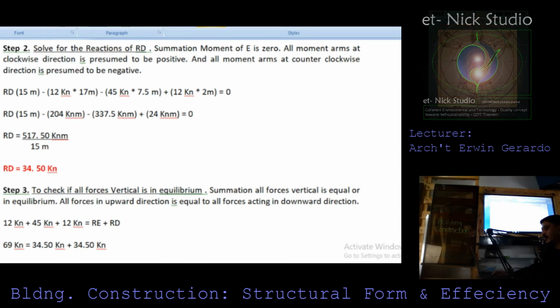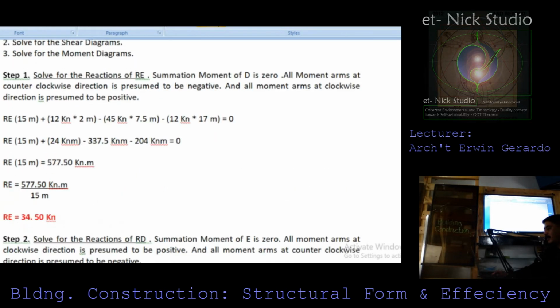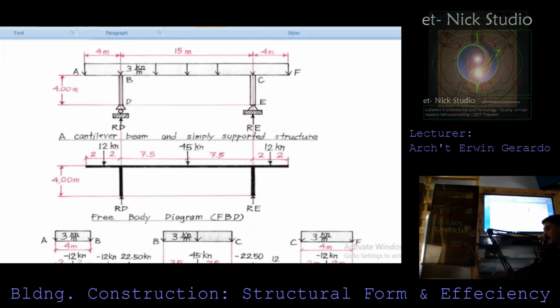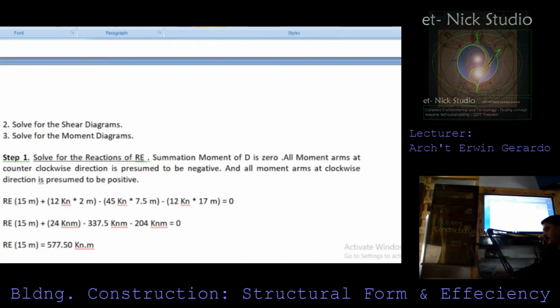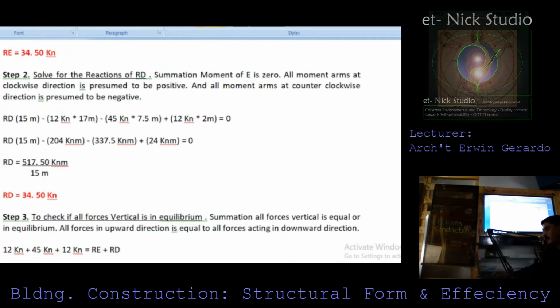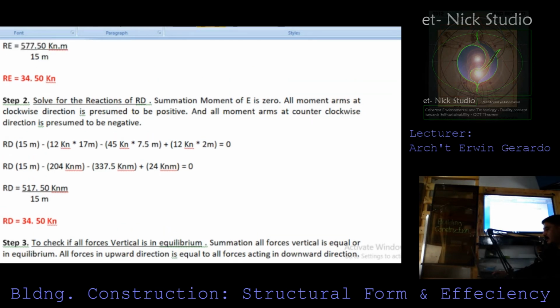The same process as we conducted for Rs of E. So RD is 15 meters, meaning from here, Rs of D, the moment arm reaches to point E. So Rs of D is 15 meters. It is presumed to be positive. And then negative 12 kilonewton because it is counterclockwise, times 17 meters.